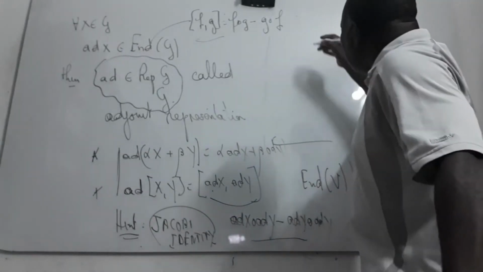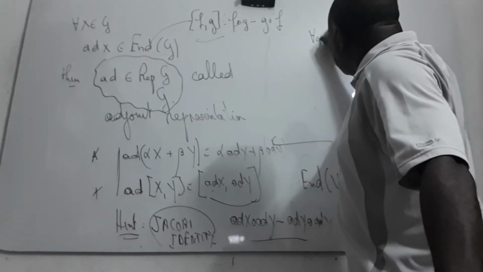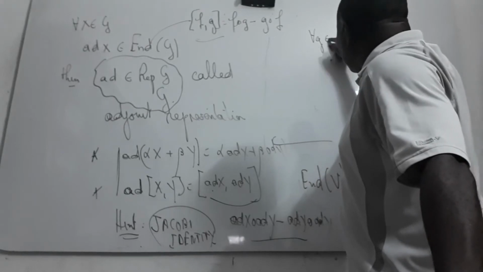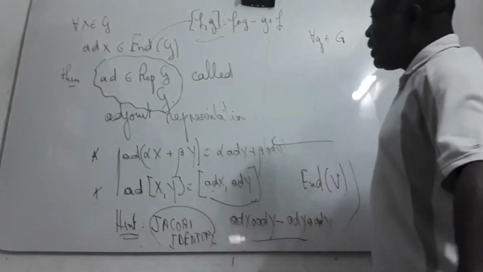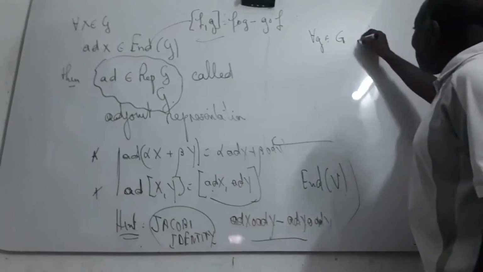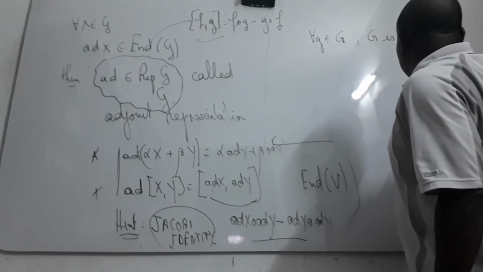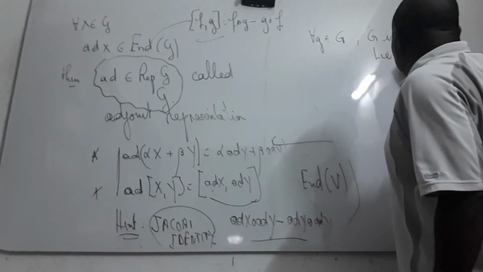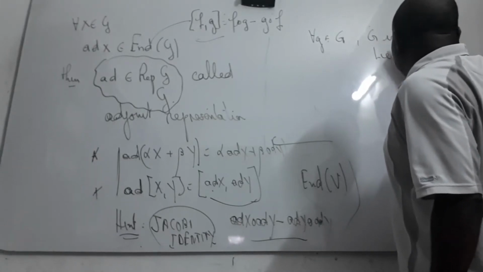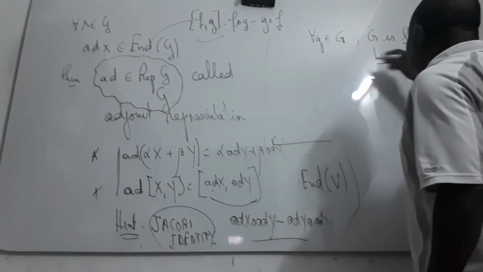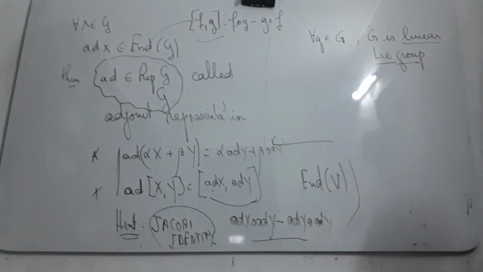When it takes the limit, we suppose that G is a linear Lie group.